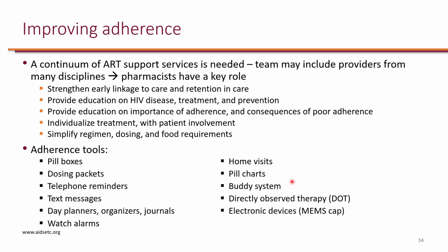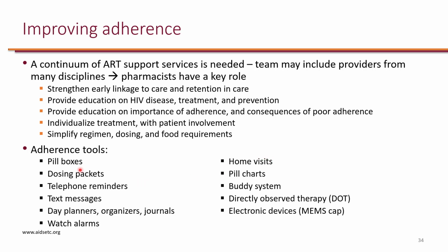Perhaps the most important intervention we can make is education, whether we provide education to other clinicians or education to the patient regarding the actual HIV infection, how to treat it, how to prevent it, how to prevent transmission, how to stay adherent to the regimen, how to follow up with their clinician, and individualize the regimen to the patients.